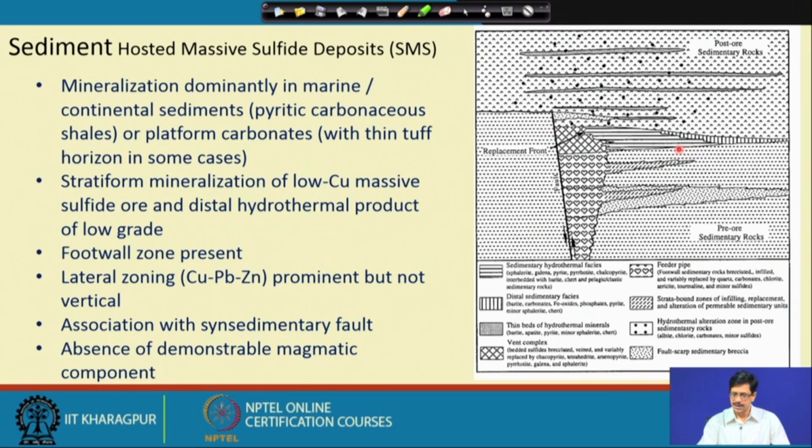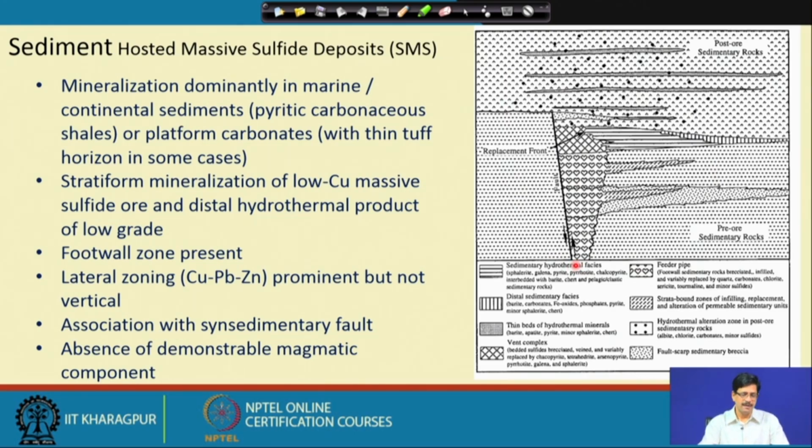This is the pre-ore sedimentary rocks constituting the different facies. This is the feeder pipe, and this one shown as the cross hatch is the vent complex. This is the general morphology of the SMS deposit.